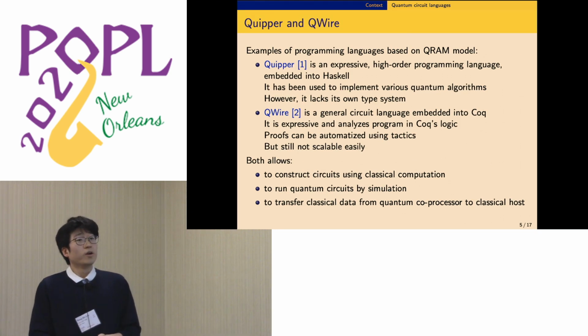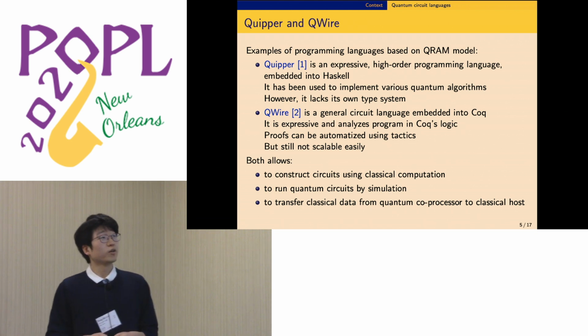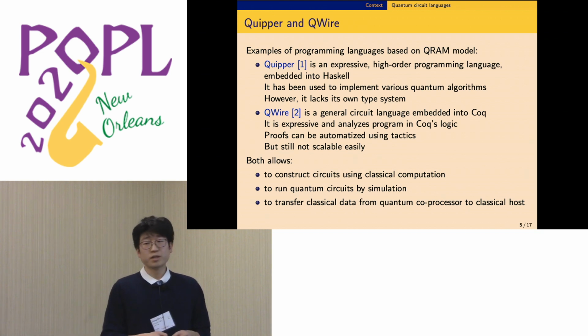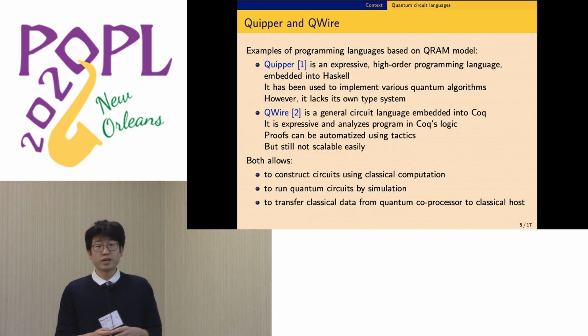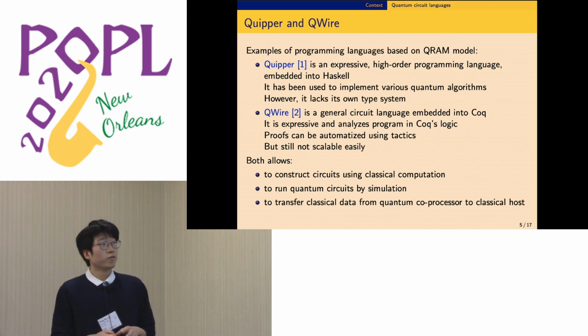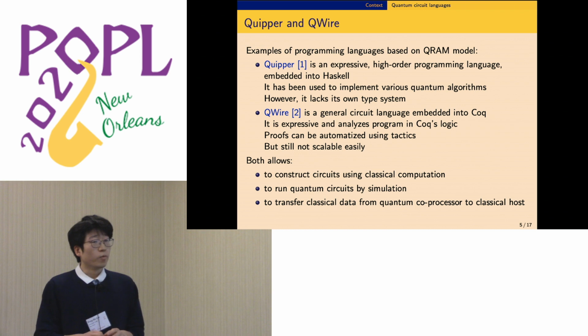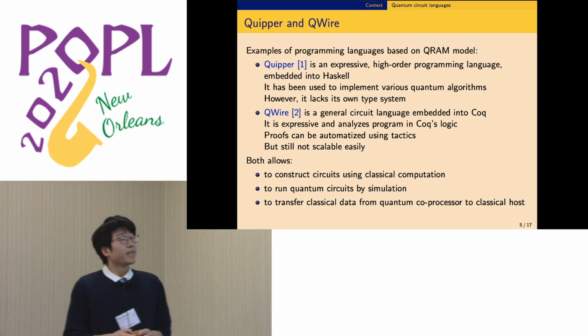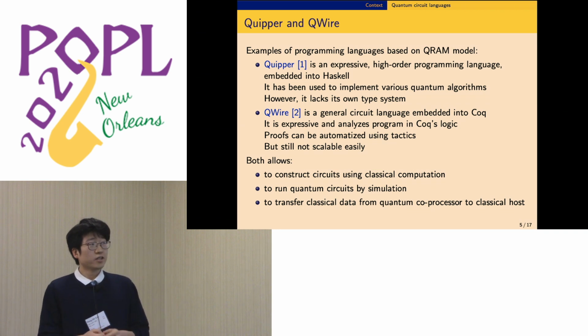I want to give some ideas about circuit description languages by giving two examples of them. First, Quipper is a higher-order programming language embedded into Haskell. And it has been used to implement various quantum algorithms. However, it lacks its own type system, which means that quantum programs can go wrong in Quipper. And there is also Qwire. It's also a general circuit language, but it's embedded into Coq.